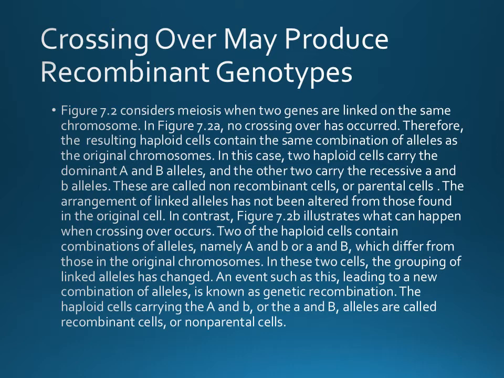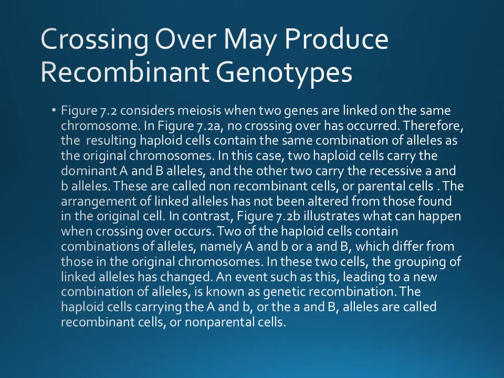हम मस्ट नो अबाउट क्रॉसिंग ओवर कि क्रॉसिंग ओवर से होता क्या है, इससे न्यू कॉम्बिनेशन बनते हैं, और अगर क्रॉसिंग ओवर नहीं होती तो कोई नया कॉम्बिनेशन नहीं बनेगा। और आगे फिगर आपको बताएगी कि मियोसिस के अंदर जब two genes are linked on the same chromosome, no crossing over has occurred.